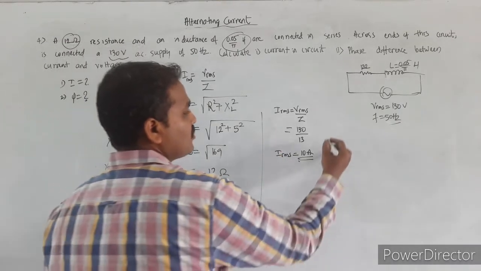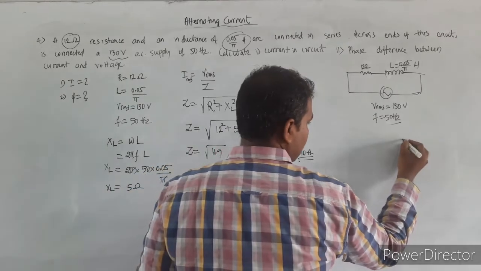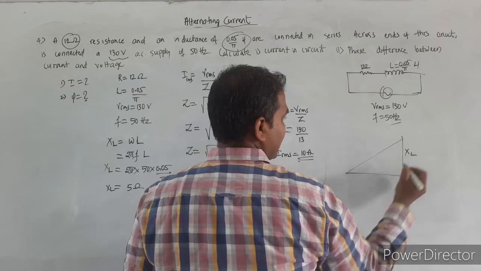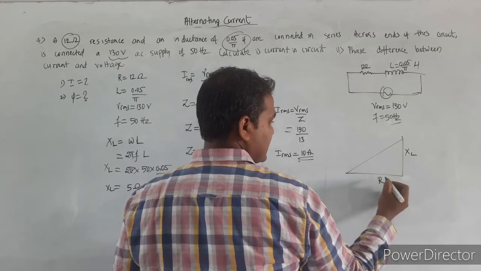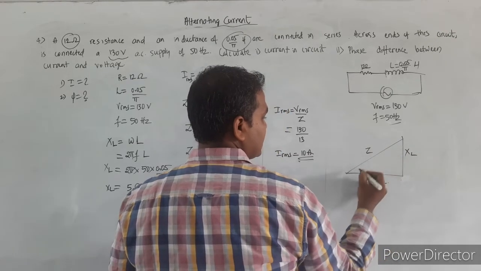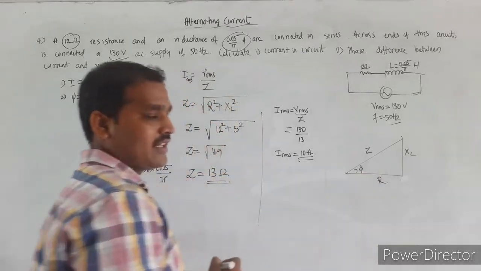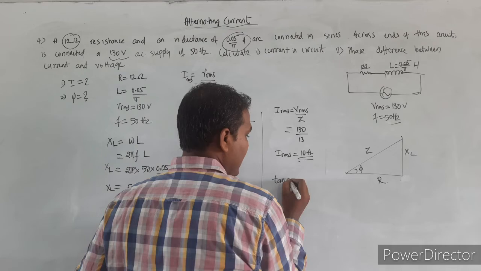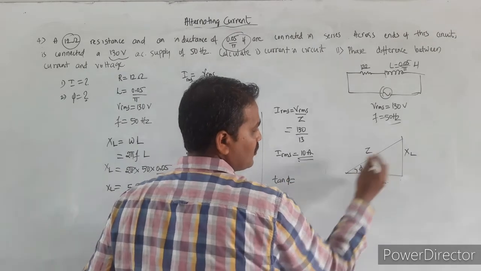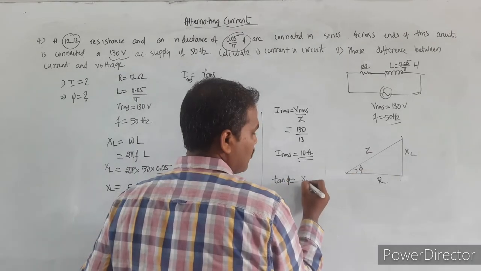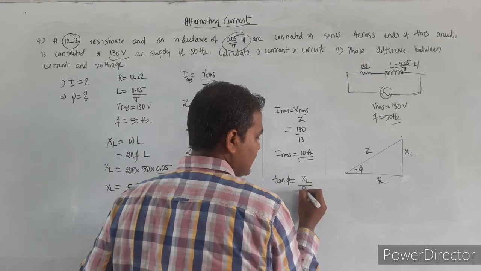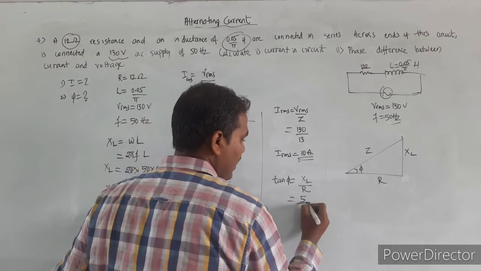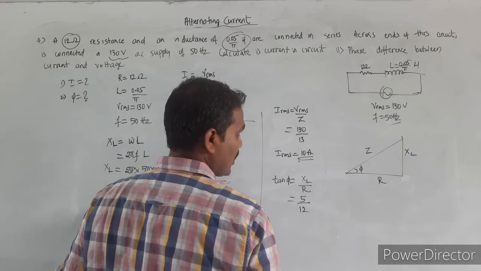Okay, then to find the phase difference, let us consider the impedance triangle here. Here I have XL, XC is equal to 0 in this case. So this is the resistance, this is the impedance, this is phi here. Using the impedance triangle, I can write tan phi is equal to opposite divided by adjacent, that is XL divided by R. XL is 5 and the resistance is 12 ohm.